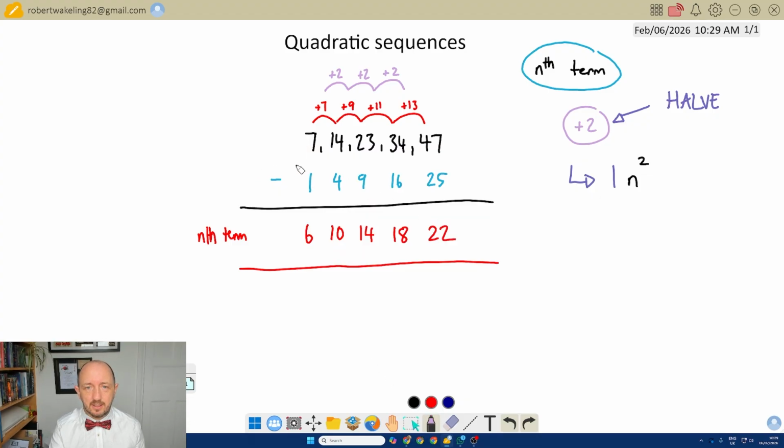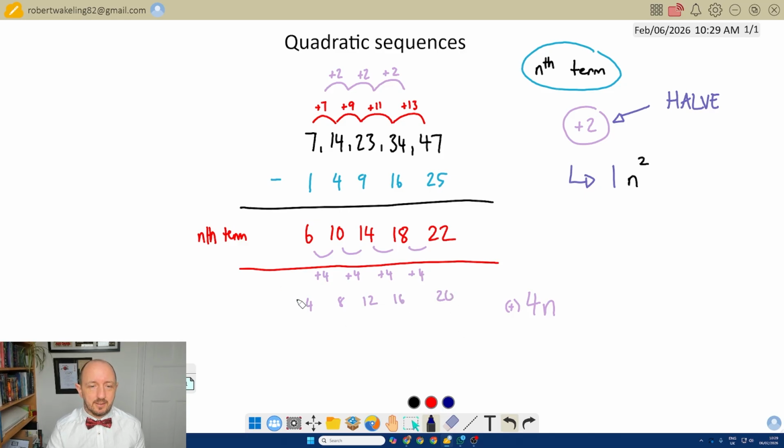None of that stuff matters here, we're going up in plus 4s, plus 4, 4, 4. So that would be positive 4n, which would give me 4, 8, 12, 16, and 20.